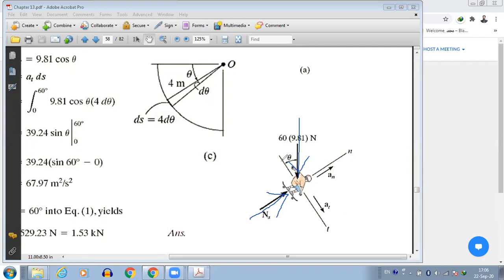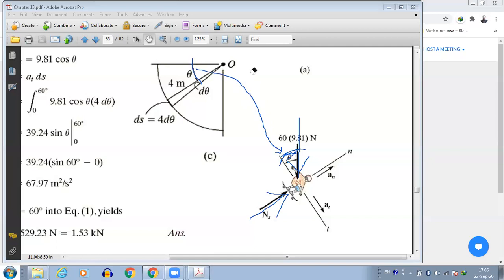You do understand how this becomes angle theta. This is actually not dynamics, this is mathematics. If this was theta, how come this becomes theta? Can you understand that? I hope you understand that.